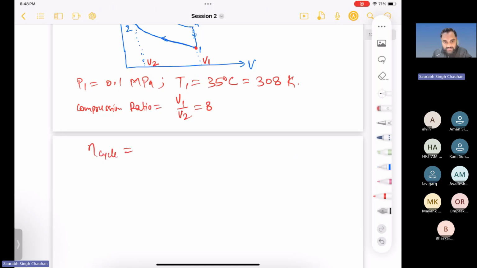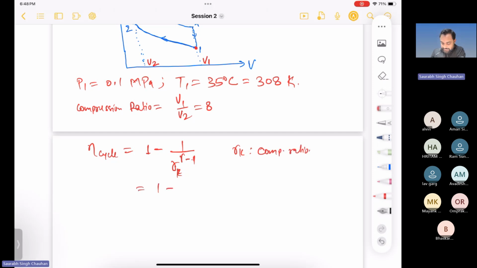So what is the efficiency for the Otto cycle? It is 1 minus 1 upon r to the power gamma minus 1, where r is the compression ratio.